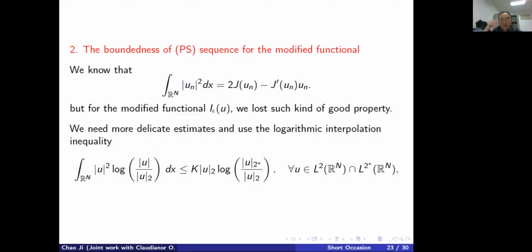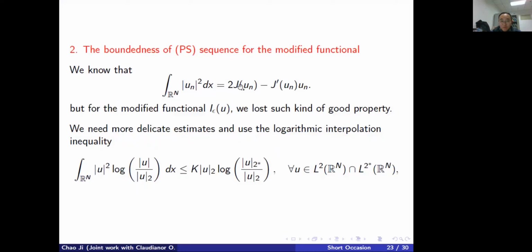The second difficulty is we also need to use the Nehari manifold for u. Actually, for some special u, we need to prove there exists a unique T such that Tu belongs to the Nehari manifold.